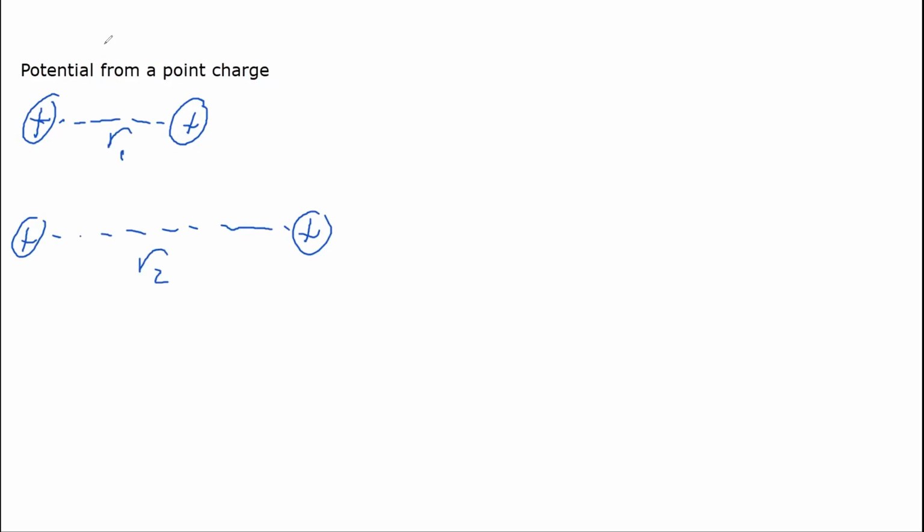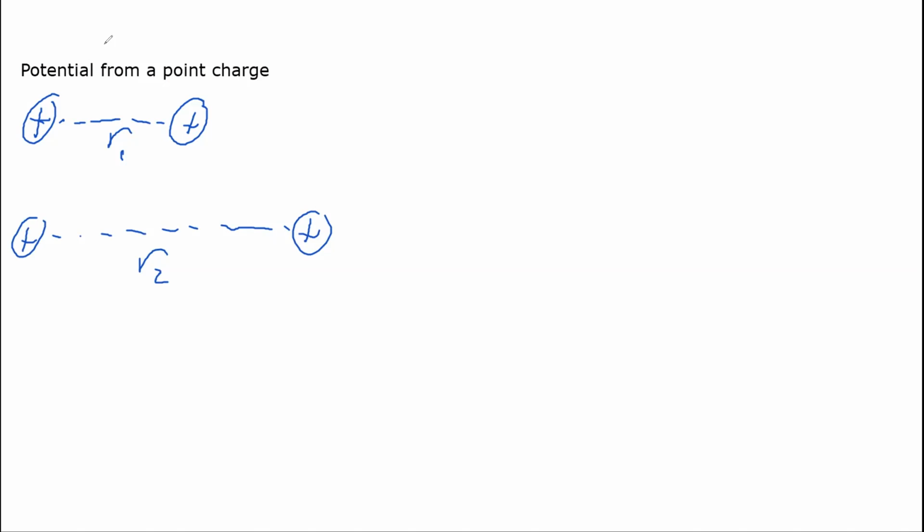In my first situation, R1 is a lot smaller than R2, and we were already seeing earlier that potential energy is dependent upon distance, right? So the further out these two charges go, the less energy we have.